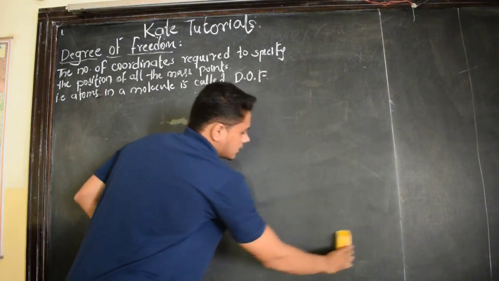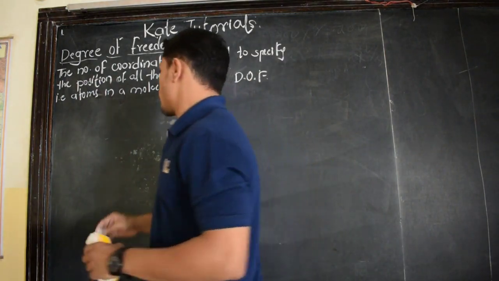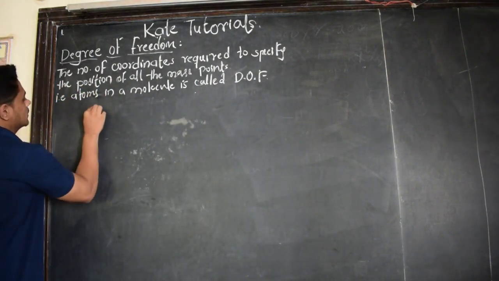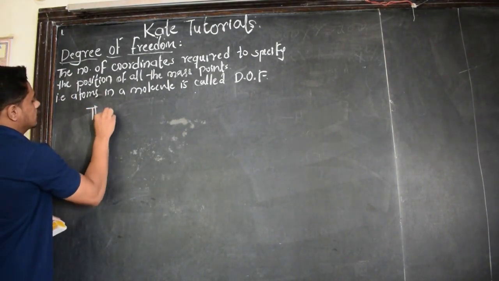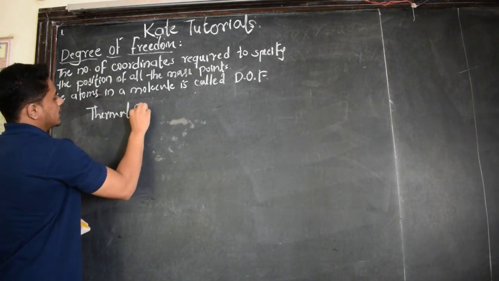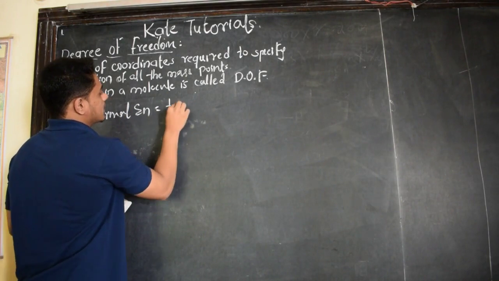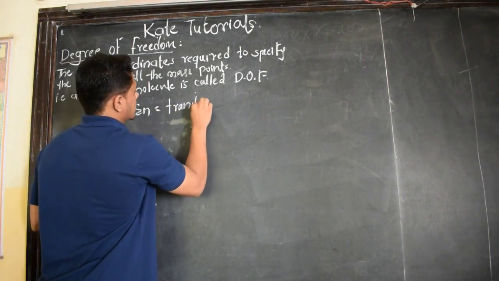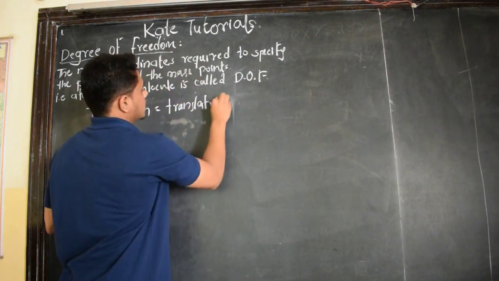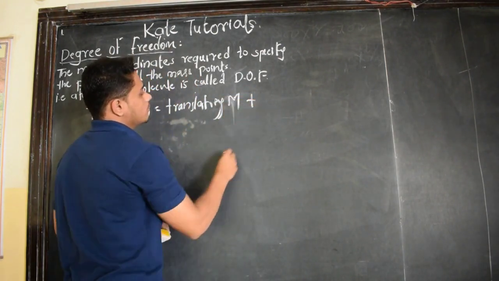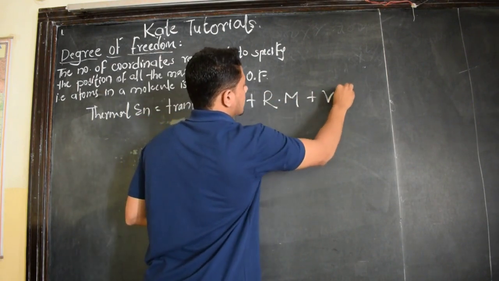But we know that in gases or kinetics of matter, if we supply energy in terms of heat, that is thermal energy, then the molecules will possess translatory motion plus rotational motion plus vibrational motion.